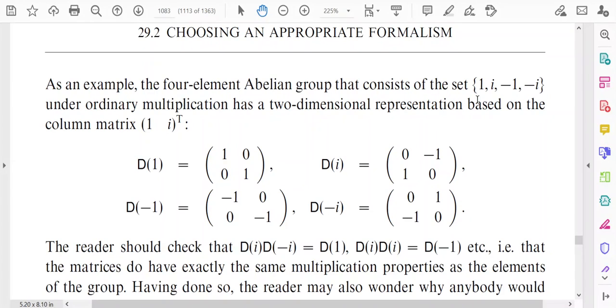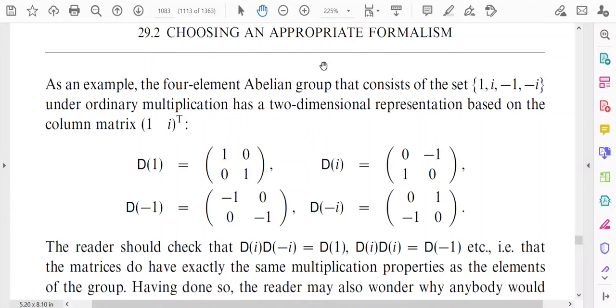For example, x into u1: x is 1, u1 is also 1, so 1 into 1 is equal to 1. That means this is u1 prime, so u1 prime is equal to u1. Similarly, u2 prime will be u2, and naturally the first representative matrix, which corresponds to the identity element, will be a unit matrix: 1 0 0 1.